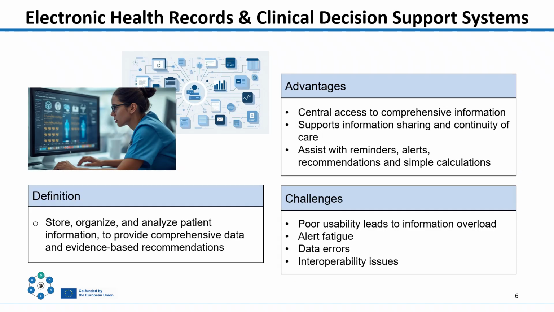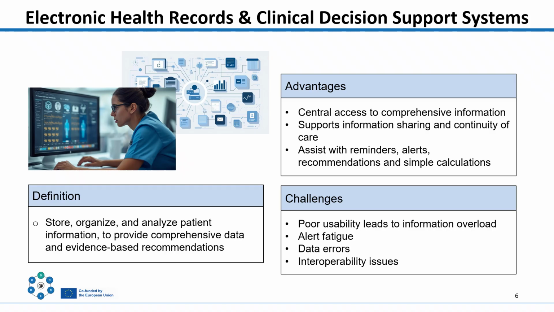Electronic health records and clinical decision support systems provide access to comprehensive medical information, along with automated warnings, reminders, medical calculators, and evidence-based recommendations. They have redefined how clinicians access and interpret patient information.